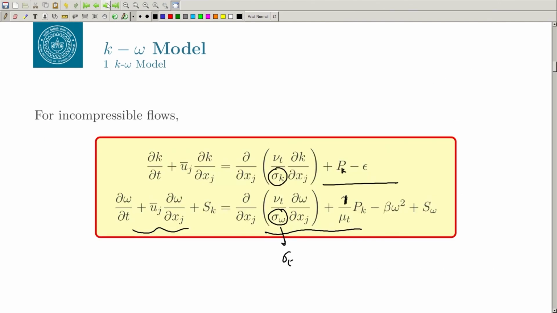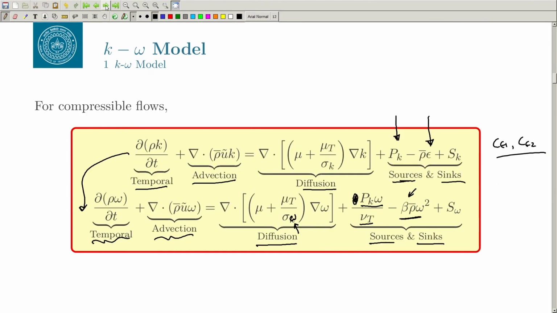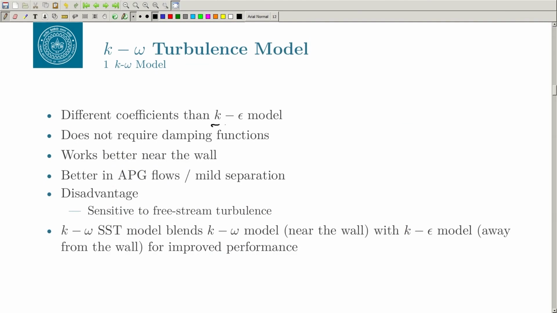It is just that, inspired by the kinetic energy equation, we modeled a dissipation rate equation and got some coefficients. These coefficients are different from the k-epsilon model, but the beauty of this model is that it solves all the way to the wall without any damping function. In fact, this model is very good for the wall.